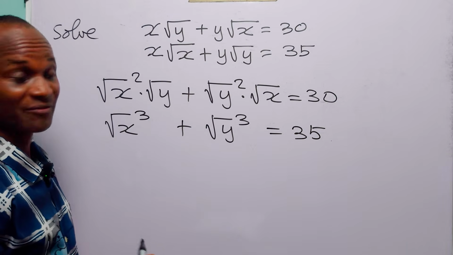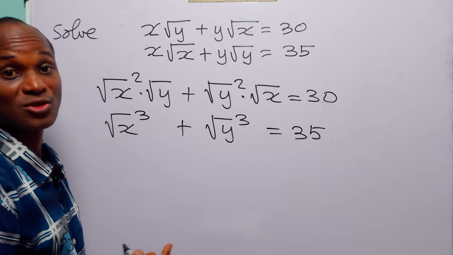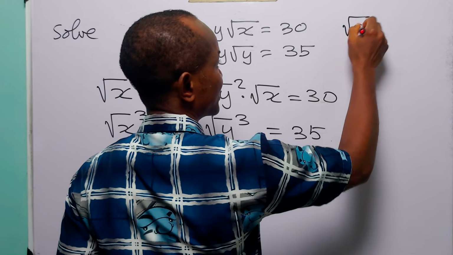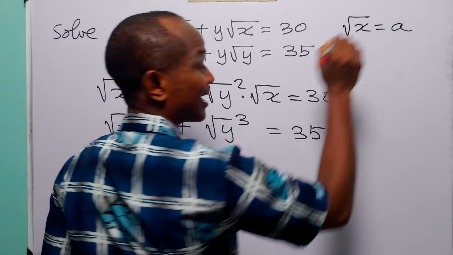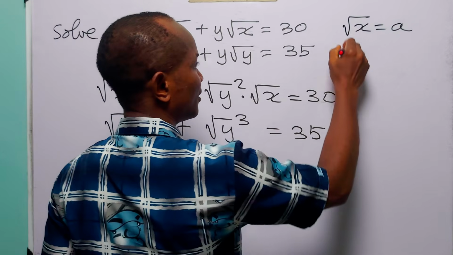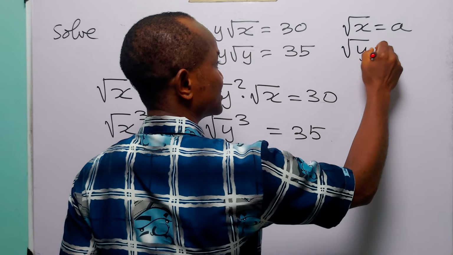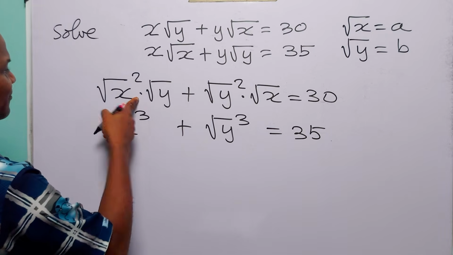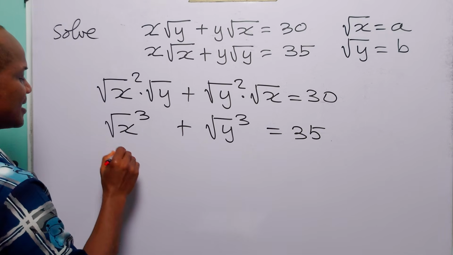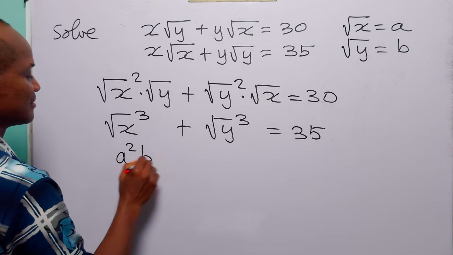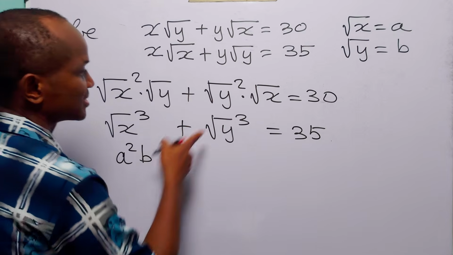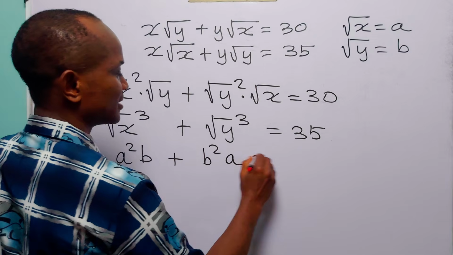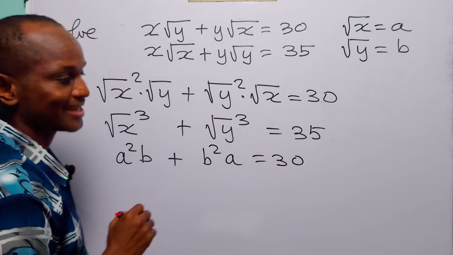Now, to further simplify these two equations, let us do a substitution. Let root x be equal to the letter a, while root y is equal to the letter b. Now, we can write this first equation as a squared times b plus b squared times a is equal to 30.